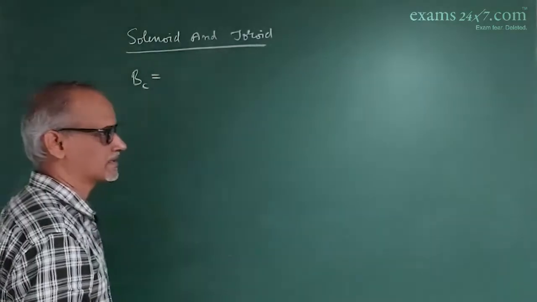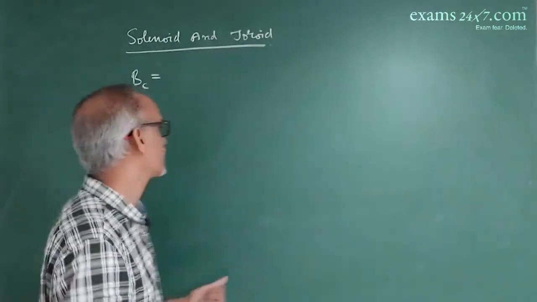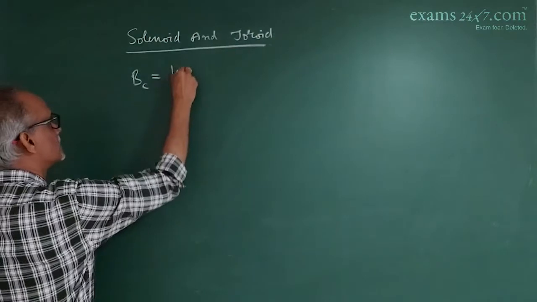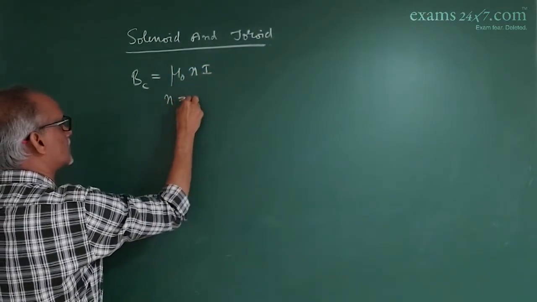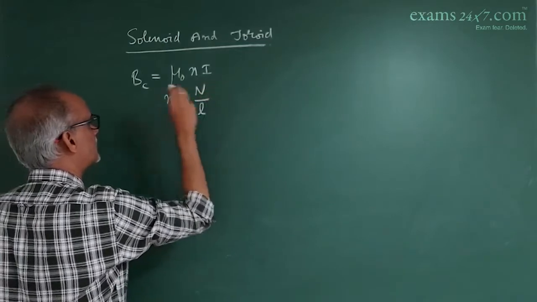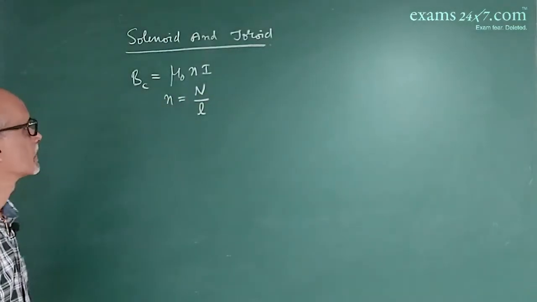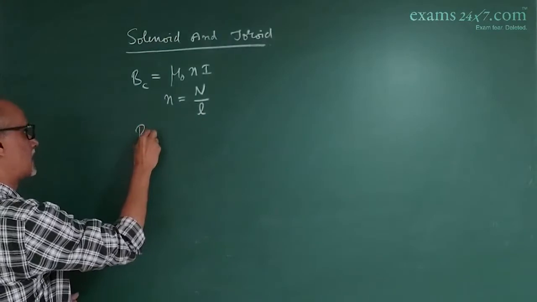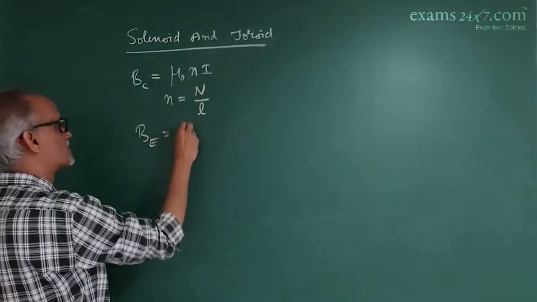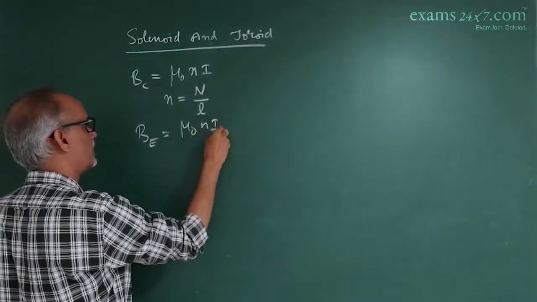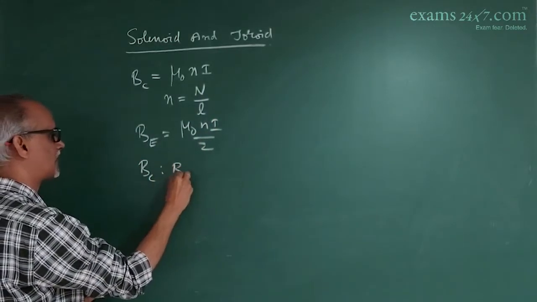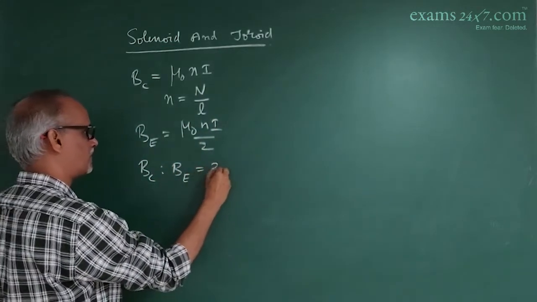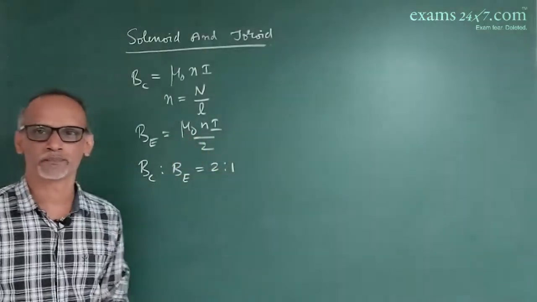The magnetic field at the center of a long solenoid carrying current is given by BC is equal to mu naught n I, where n is the number of turns per unit length of the solenoid. At its end, the field will be half of it, mu naught n I by 2, so the ratio of the field at the center to that at its end will be 2:1.